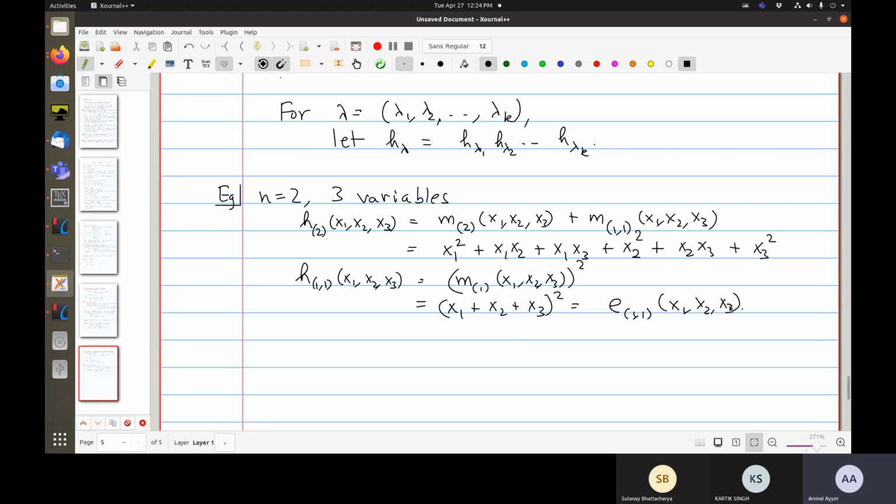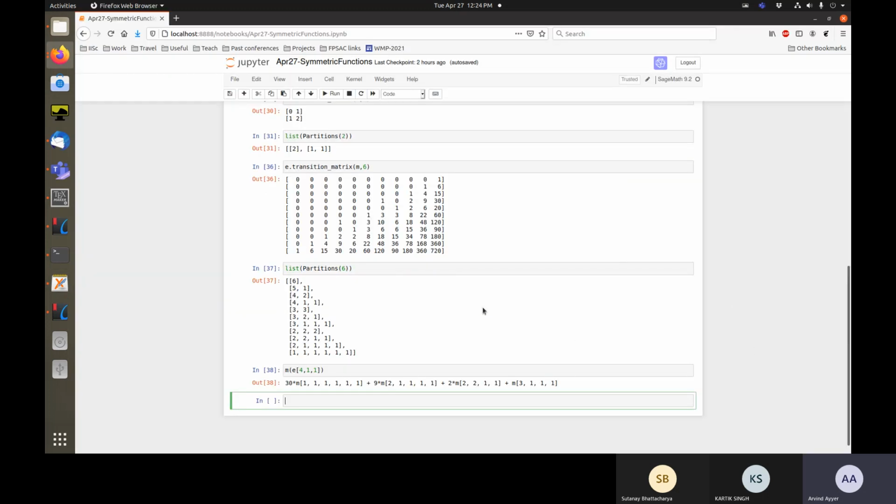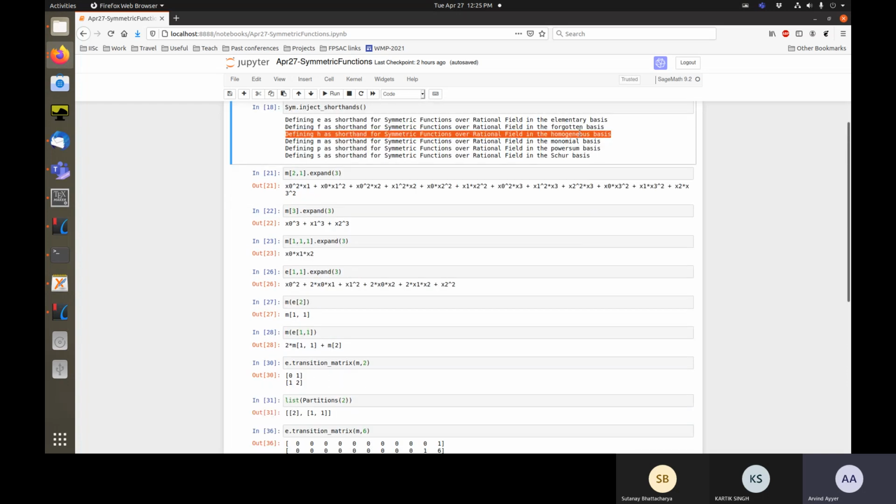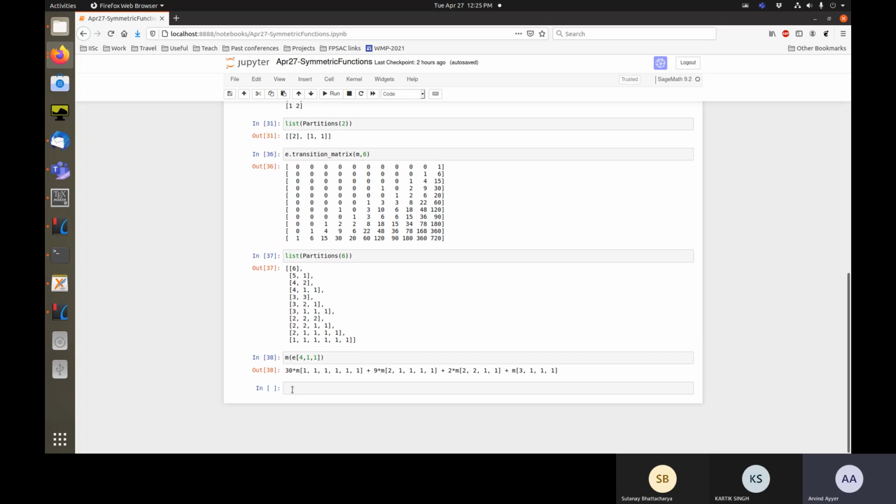Okay, and so let me show you how these look. This was also defined in the shorthand. So it's H in the homogeneous basis, which is the same as the complete basis, as I said. So let me do that again.